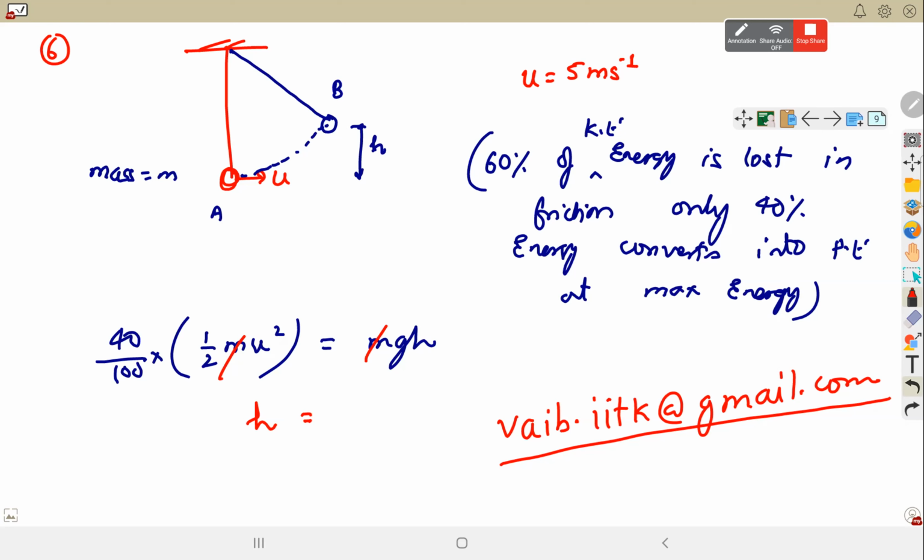Pradeep, write your name, or better you can convert this in the PDF. Okay, sir. Yeah, convert in PDF, write your name, date, and the DPP topic also.